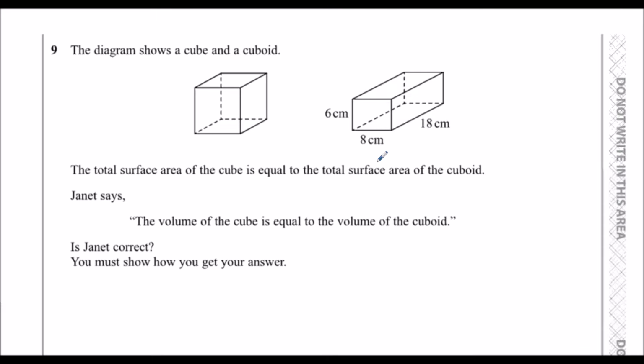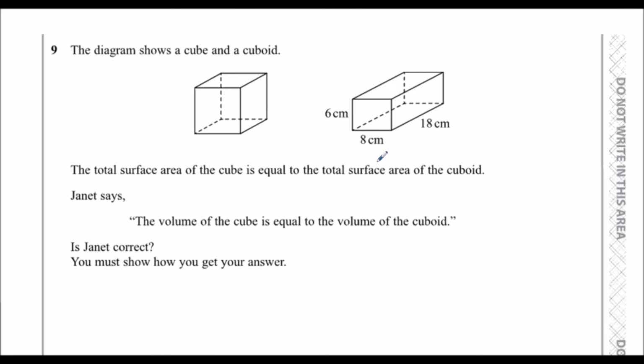Is Janet correct? So we can work out the surface area of the cuboid, and then using the fact that they're equal, we can find the length of each side of the cube, and that will let us work out the volume of the cube. And we can also work out the volume of the cuboid because we've got those measurements.